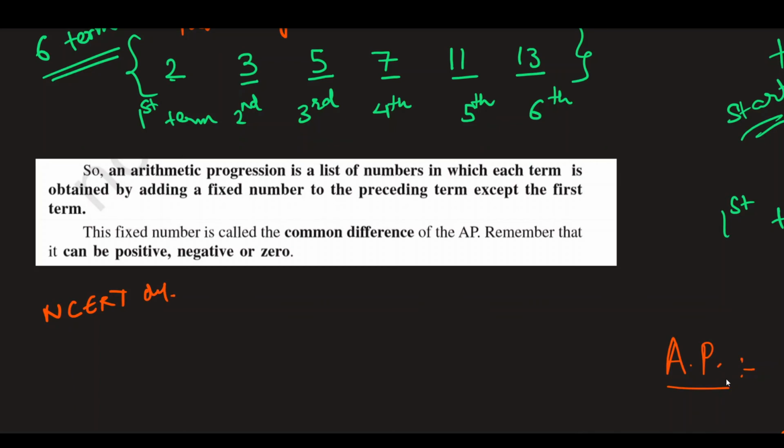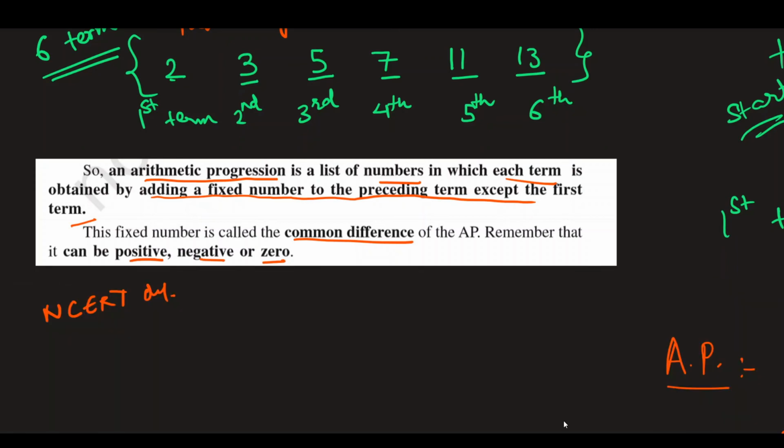What is it saying? An arithmetic progression is a list of numbers in which each term is obtained by adding a fixed number to the preceding term except the first term. Then they are also saying that this fixed number is called the common difference, and this can be positive, negative, or even 0.